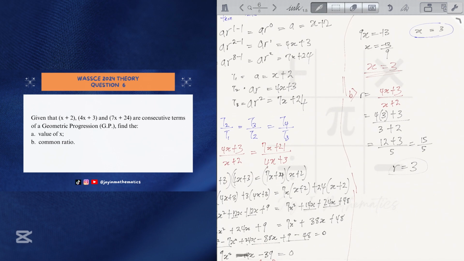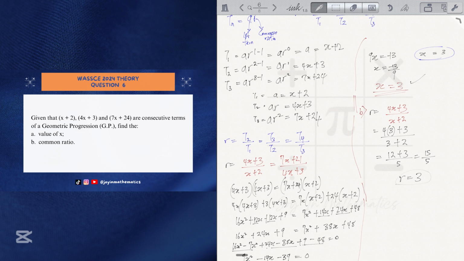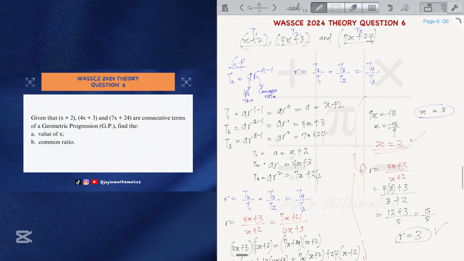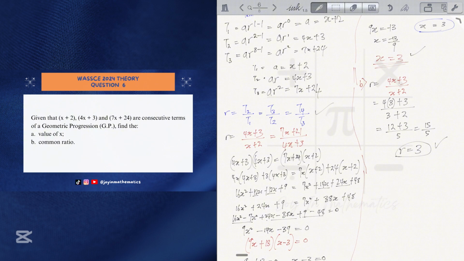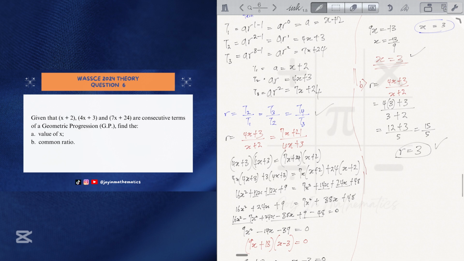So it looks like x and r are having the same value. X is equals to 3 and r is equals to 3. So we moved from T1, T2, T3 to the relationship with the common ratio. We found the value of x to be equals to 3, and we use the relationship of r here to find the value of the common ratio r.